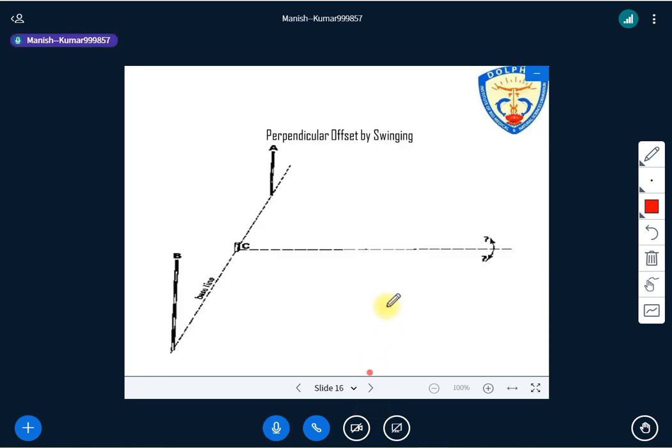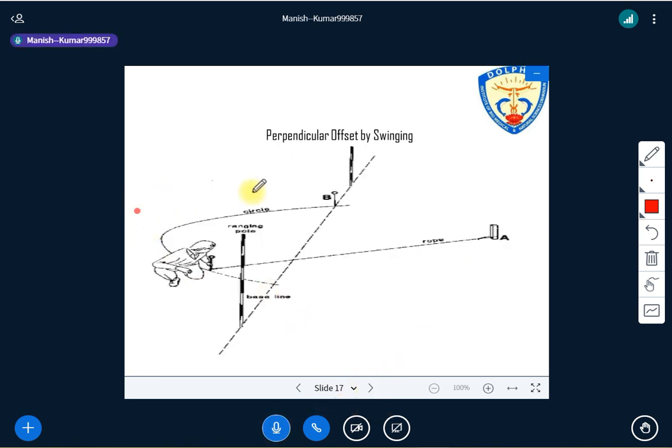You can just look here also. This is the chain line, and you have to draw the perpendicular offset. So this is the first stage you have to use, and then you are making it from here. You look at this object, then one rope, and through the rope you are making a swing, swinging here and there.